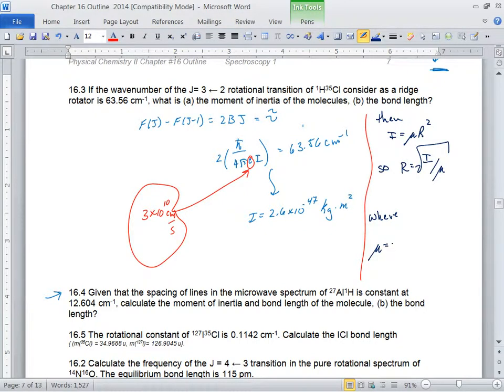Product over their sum, right? Yeah. Is that 35 Cl?